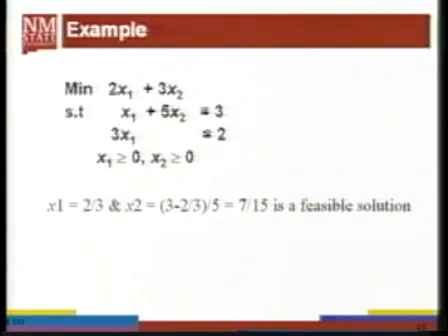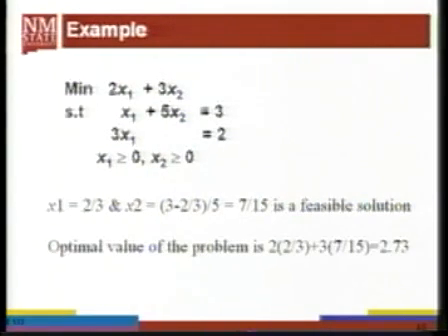So the decision variable values x1 equals 2/3 and x2 equals 7/15 are a feasible solution to this LP model. And in fact, it is the only solution to the problem, right? So it is also the optimal solution to the problem as well, okay?